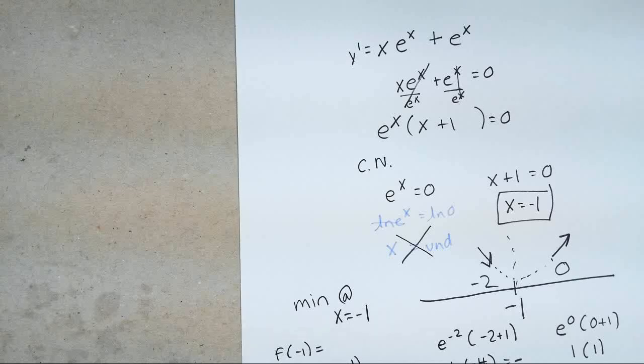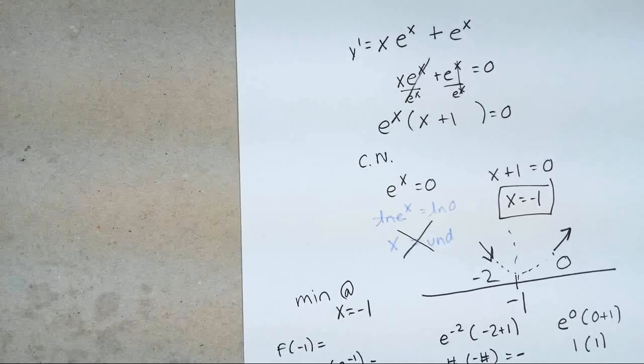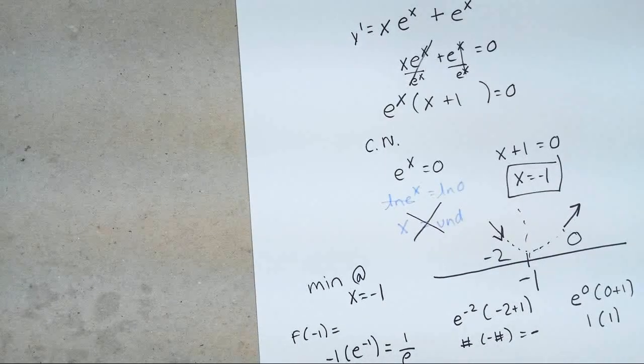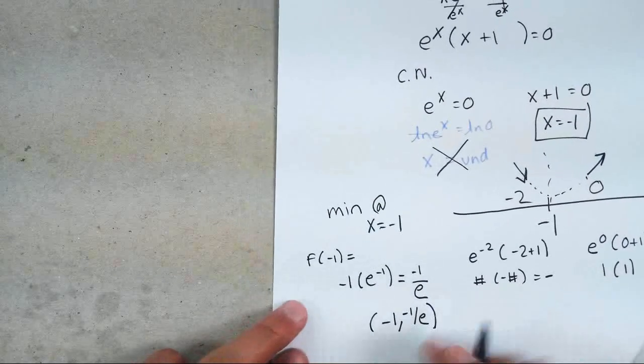So this answer is just going to be pretty much -1 over e. And because it's -1 over e, well, that just means that your final point, your min, occurs at -1, comma, negative 1 over e. And that's your final answer.